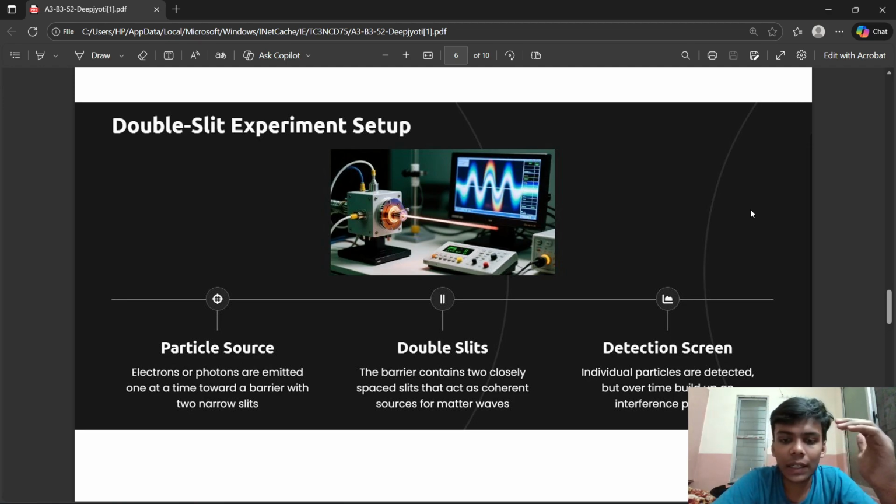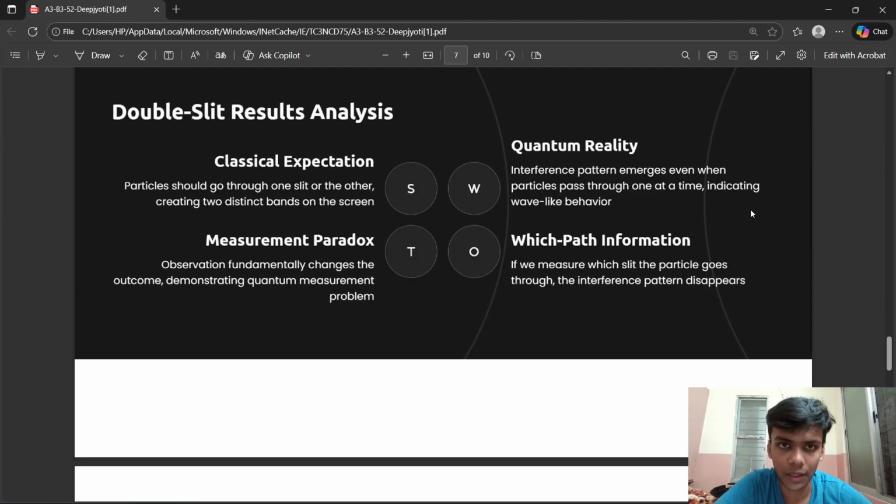The barrier contains two closely spaced slits that act as a coherent source. And what is the detection screen? Individual particles are detected, but over time they build up an interference pattern. The thing you can see on the screen is the detection screen. Here we detect the result of the double slit experiment.